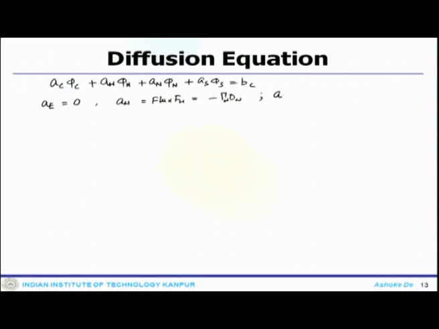Similarly, AN equals flux Fn, which is minus gamma n dN.